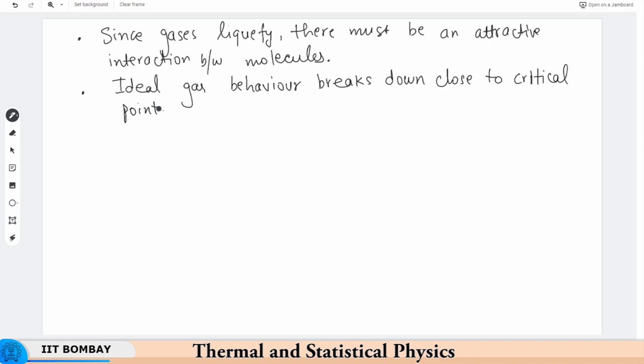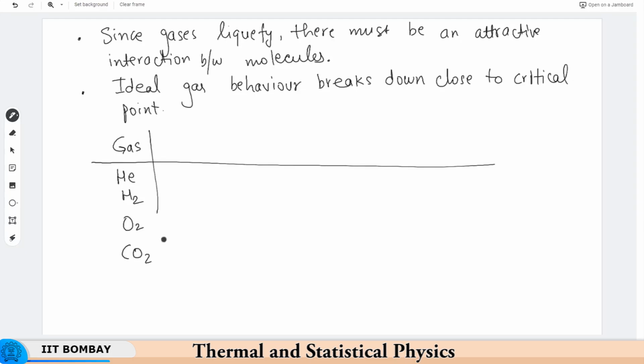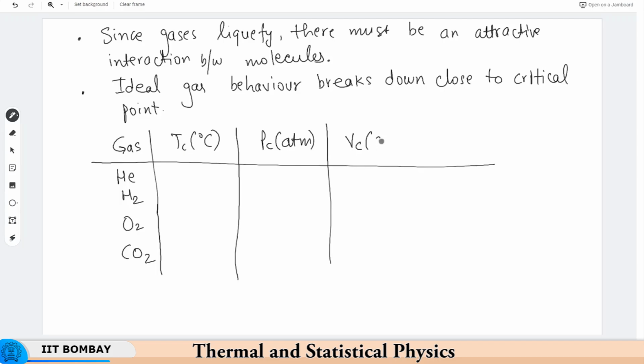All right, so maybe very quickly I can mention. When these experiments were repeated on various gases like helium, hydrogen, oxygen, carbon dioxide, so these were the critical parameters that were observed. I can draw a table. This is in degrees Celsius, critical temperature, this is critical pressure, this is critical volume.